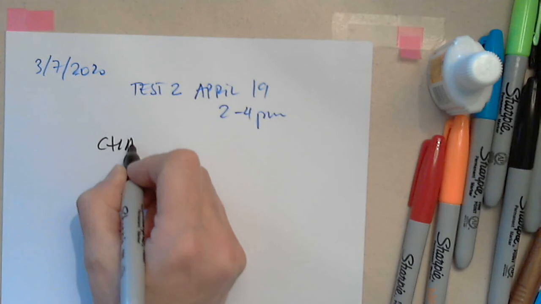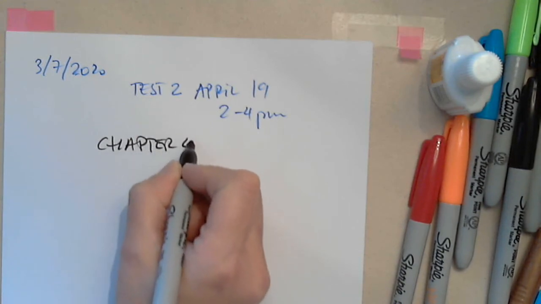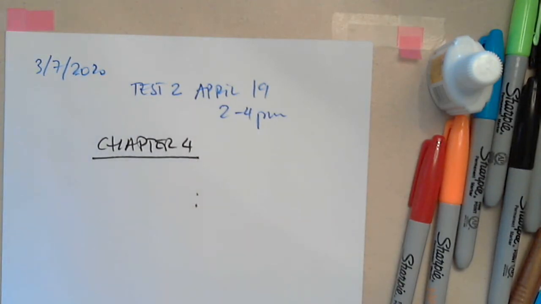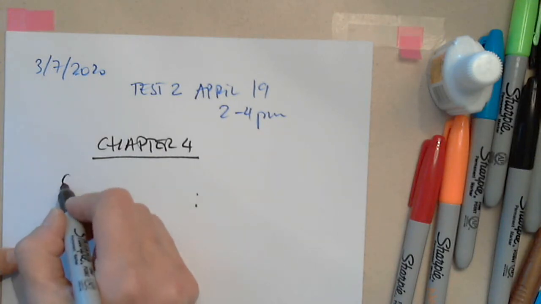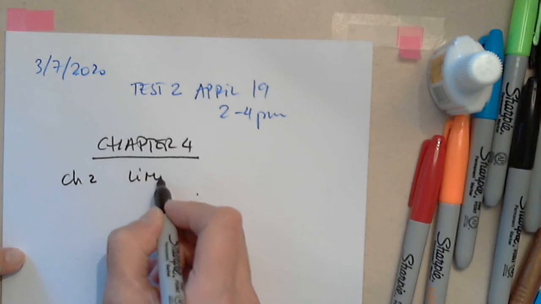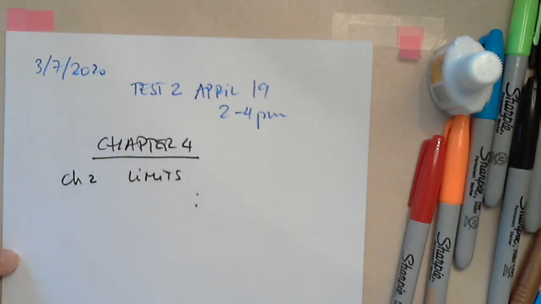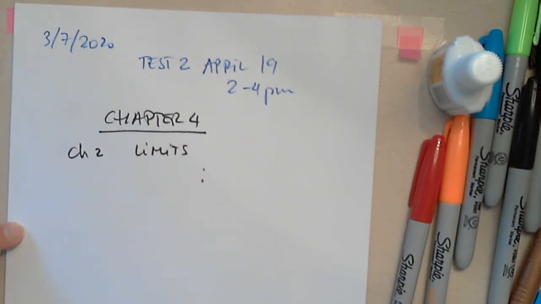Okay, chapter 4. Chapter 4 is not going to be on this test, of course. Chapter 4 will be tested on test 3. Remember in chapter 2 we talked about limits. Remember to stop me anytime, okay?